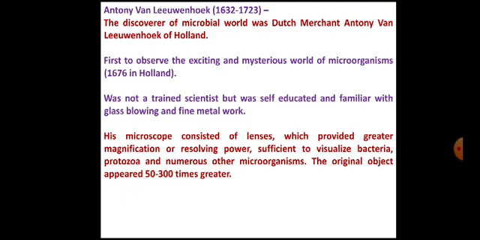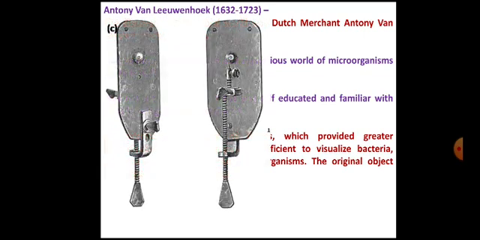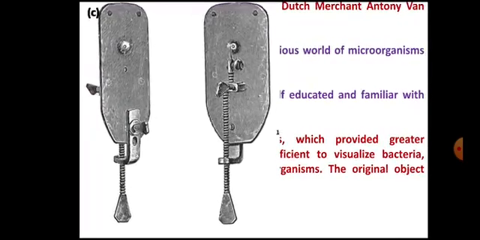So it was a very great magnification, because of which he was able to see bacteria. This is the construction of his simple microscope. You can see the threads that are for the adjustment of position of lenses.